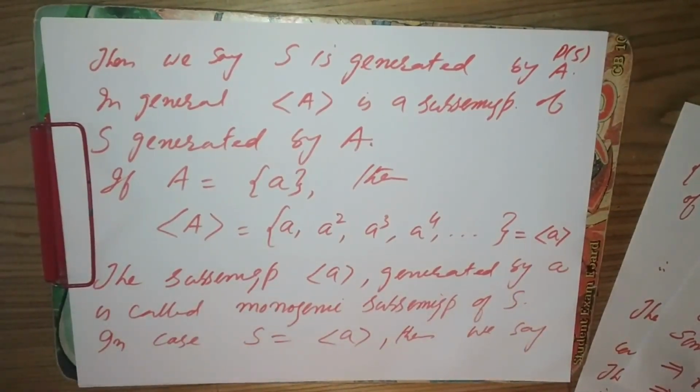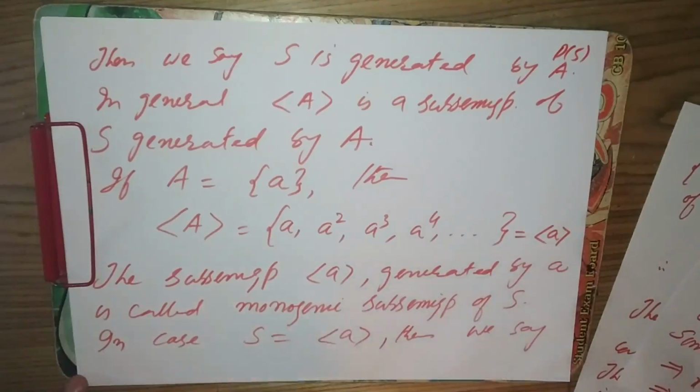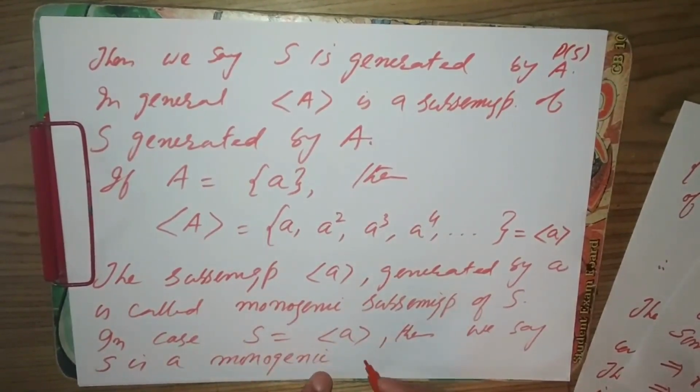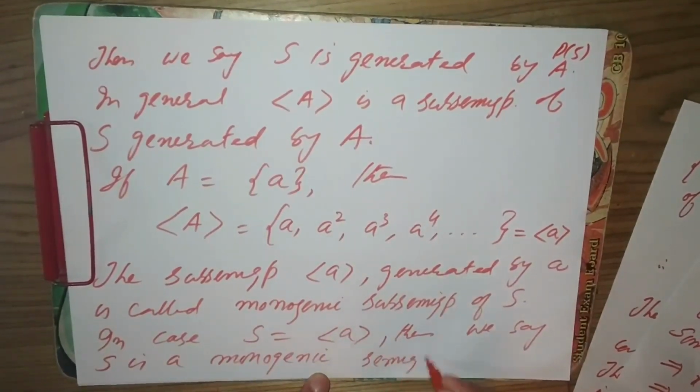We use the term monogenic semigroups, it's more familiar. So we say S is a monogenic semigroup generated by A.